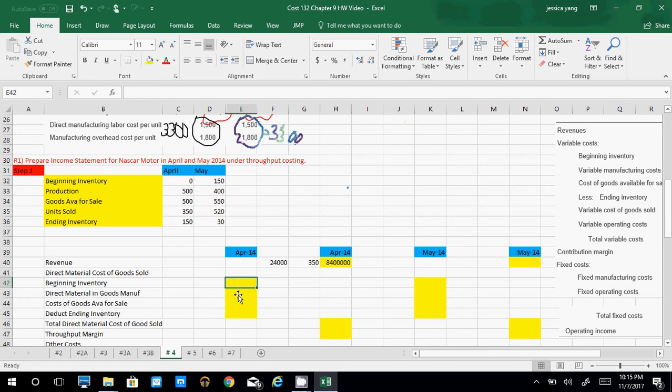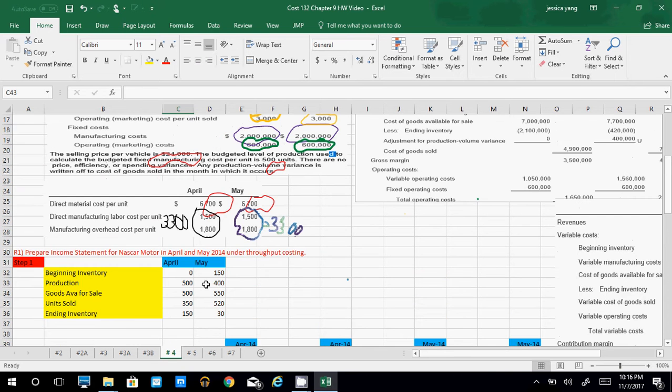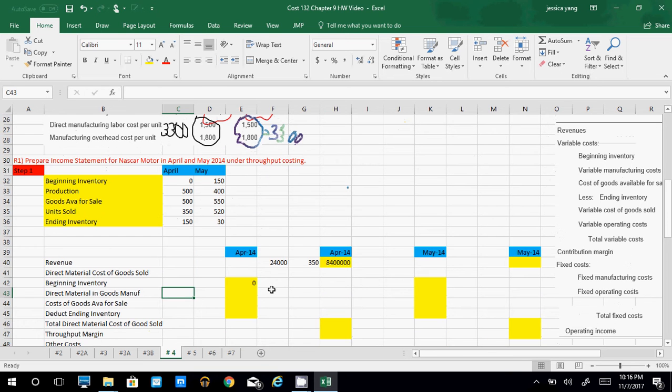For beginning inventory, there are 0 units in April. To get direct material in goods manufactured, we take 6,700 from the direct material cost per unit in April and multiply that by the 500 units in production in April.